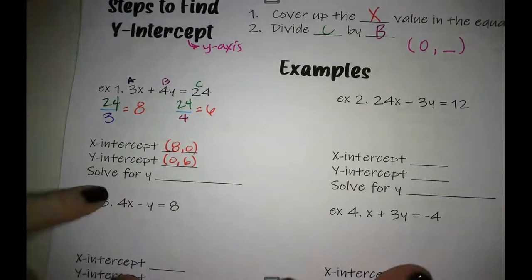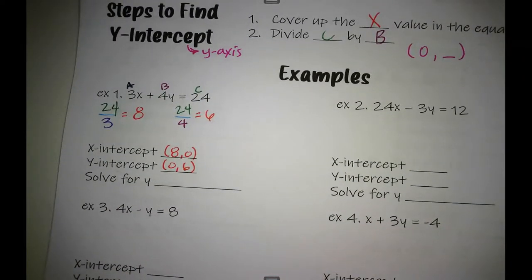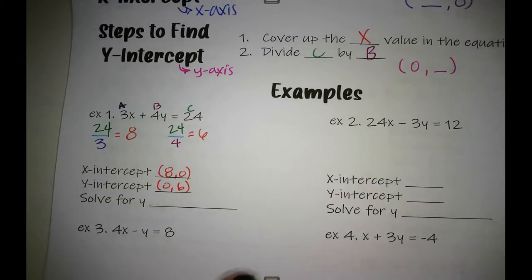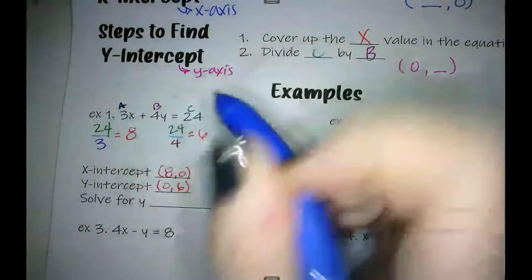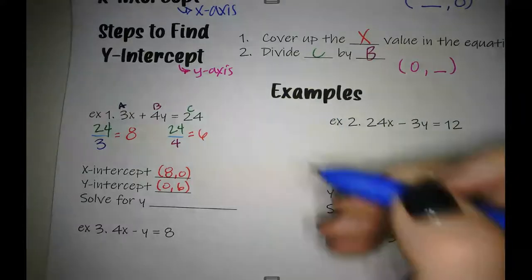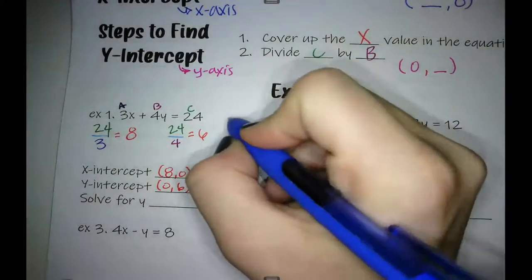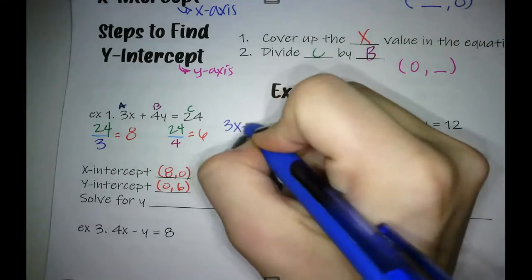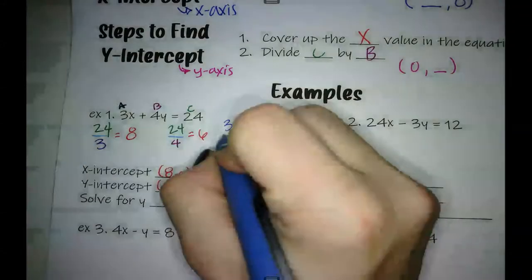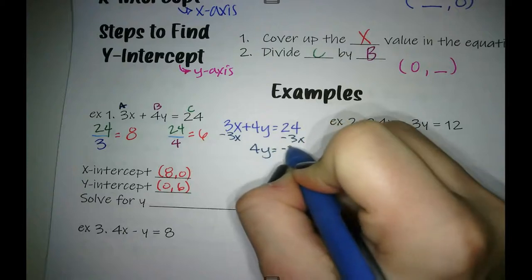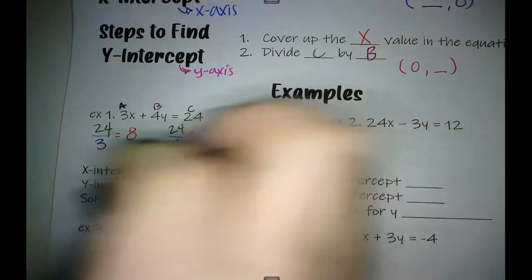And then solve for Y. This is practicing converting it from standard form to slope-intercept form. So remember, we move our AX value over, changing the sign. We've got 3x plus 4y equals 24. I'm going to change the sign to move it over. So then we're left with 4y equals minus 3x plus 24.